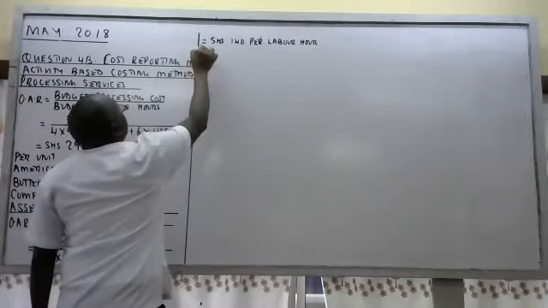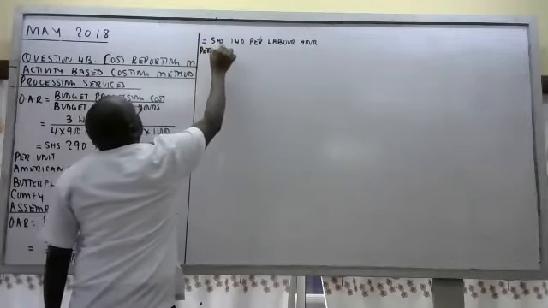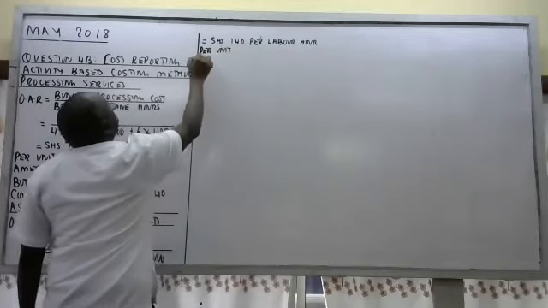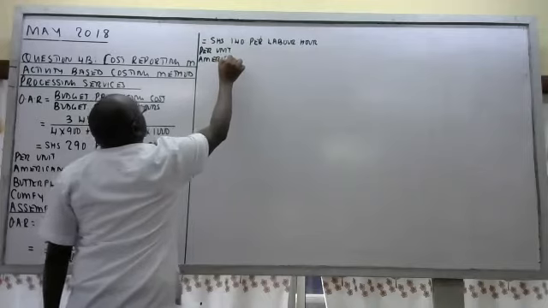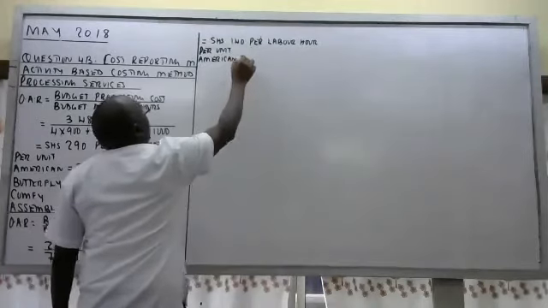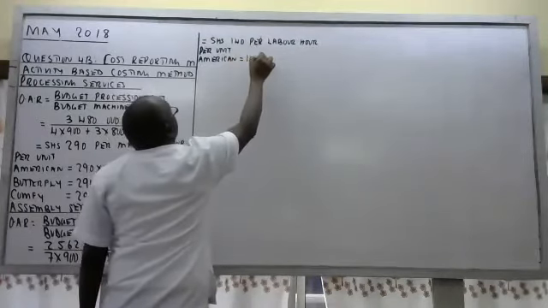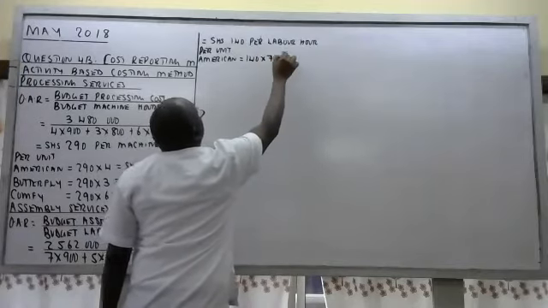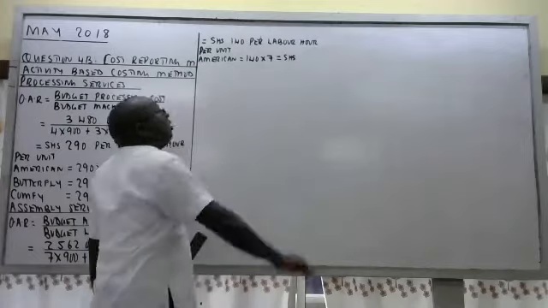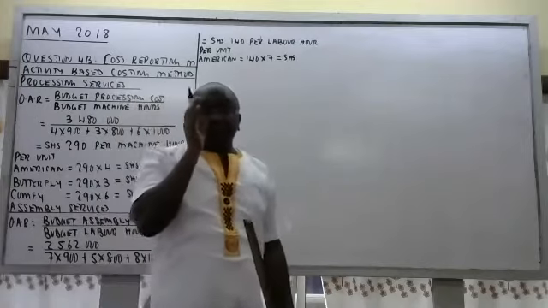So per unit, when we start with American, it will be 140 times 7.